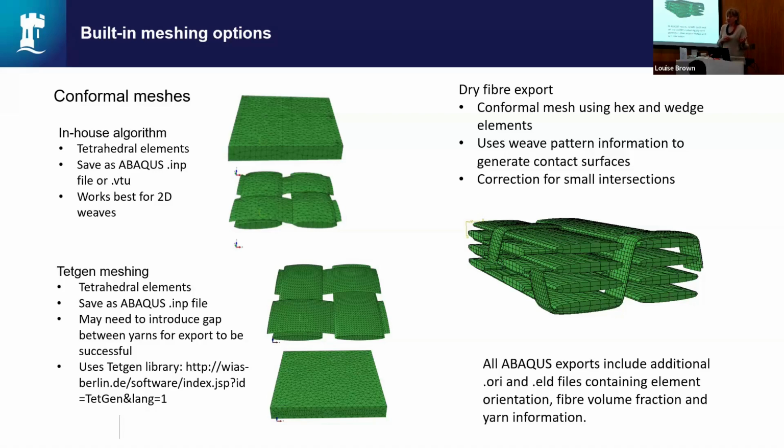I sat in my office yesterday with a PhD student talking about whether we need to develop a new method of meshing. So it's an ongoing thing. You go to any textile composites conference and there'll always be something about meshing and how you do that. So it's an ongoing issue.